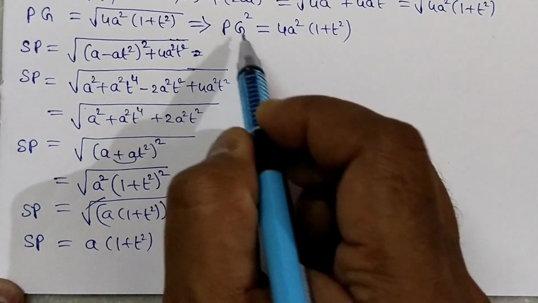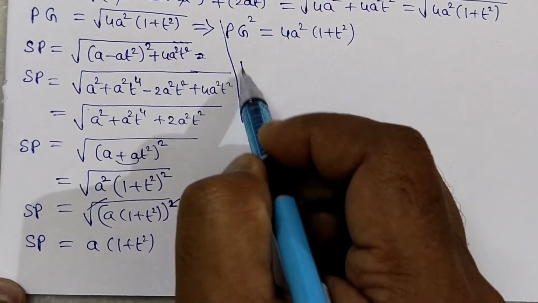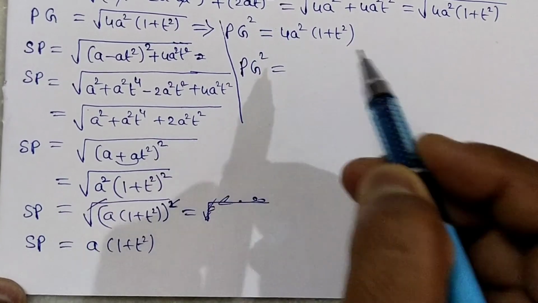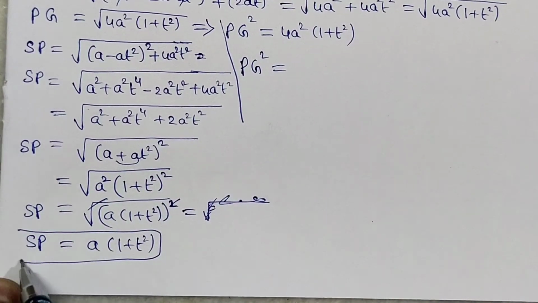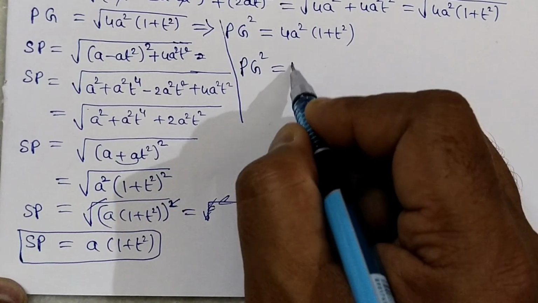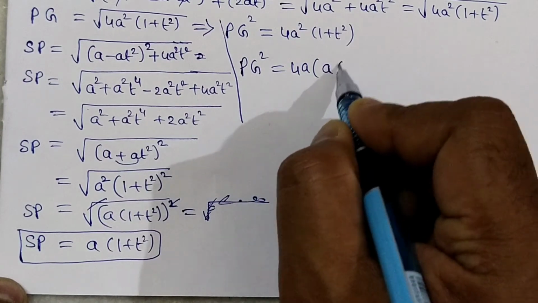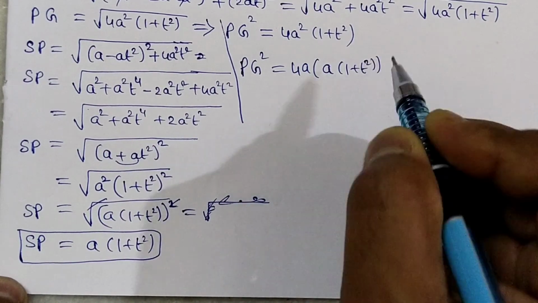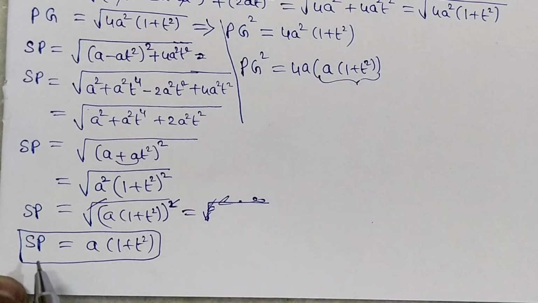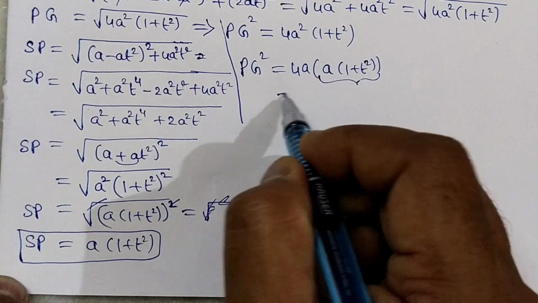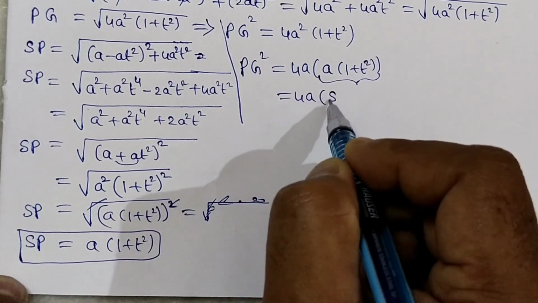So from this, PG square equals, in terms of SP we want, 4a into (1 plus t²). In place of a into (1 plus t²) we can write SP.